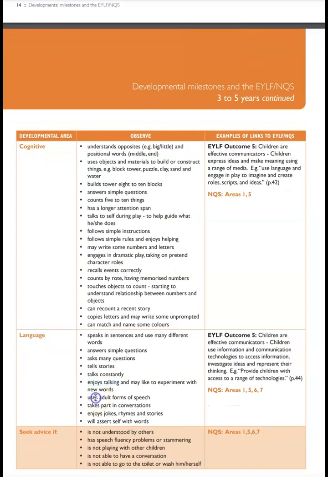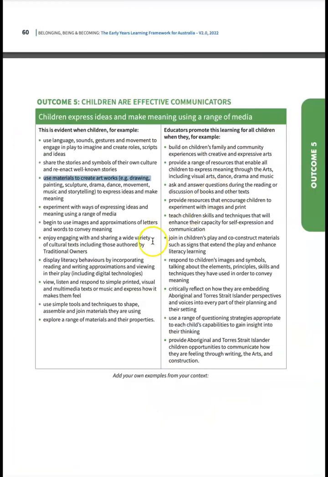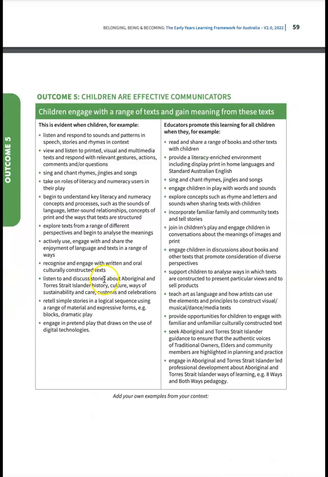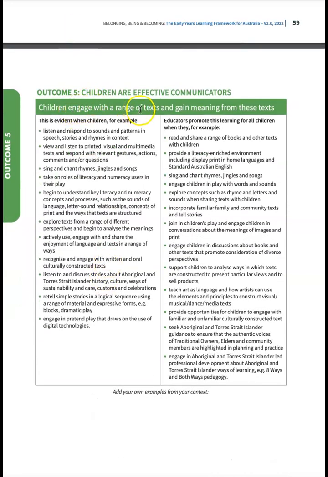We can see that they take part in conversation about what baby brother likes. But if you look a little bit deeper, you can find in the EYLF outcome 5 engaged with text. So here 5, children engage with a range of text and gain meaning from these texts.